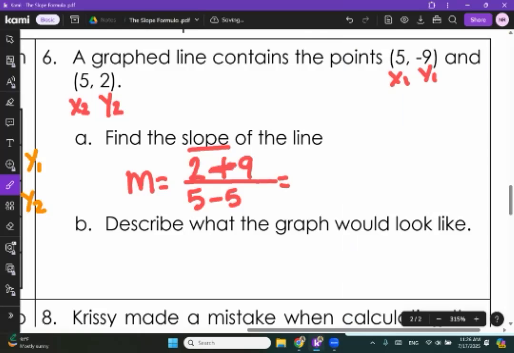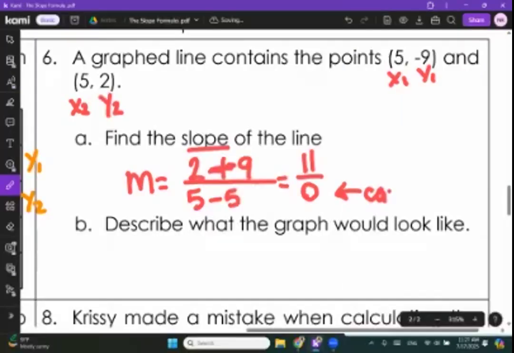So that forces us to add 2 plus 9, which is 11. But 5 minus 5 gives us 0. What happens here? We can't divide by 0.